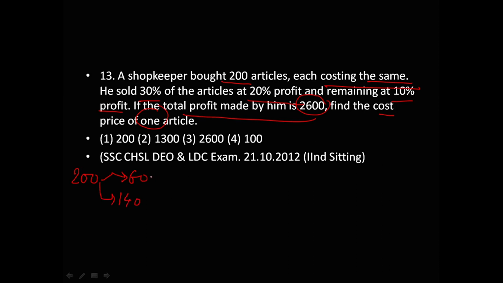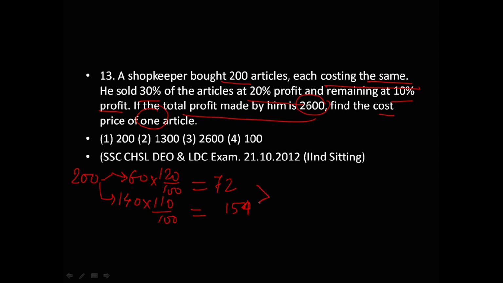So he sold these 60 articles at how much profit? 20%, so it's 120 by 100, and 140 at 10% profit, so 110 by 100, right? So this is 72, and this is 154.